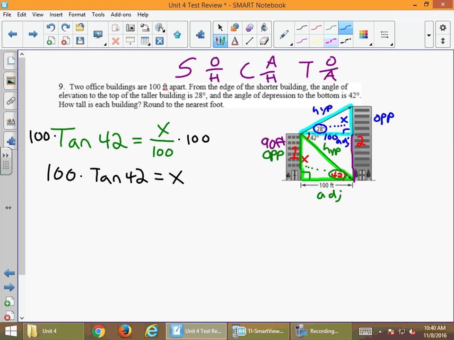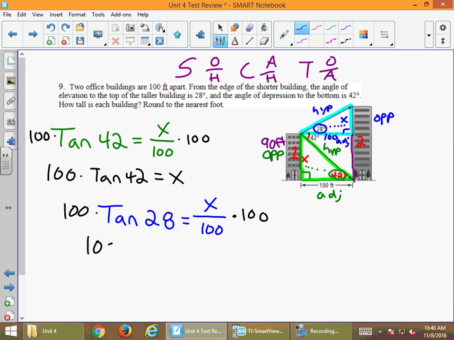Again, that's going to be tangent. So tangent of my angle, which is now 28, is equal to opposite, which happens to be x, over adjacent, which remains the same at 100. Just like before, x is up high, so multiply.